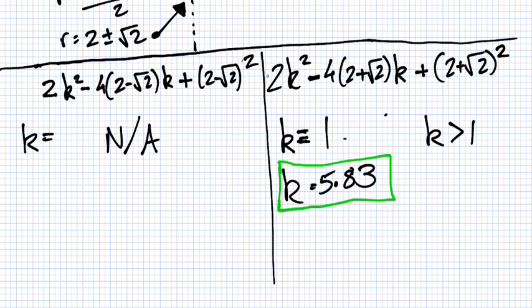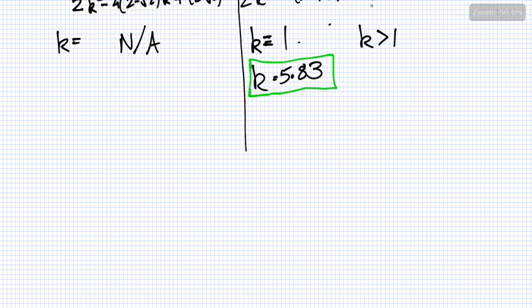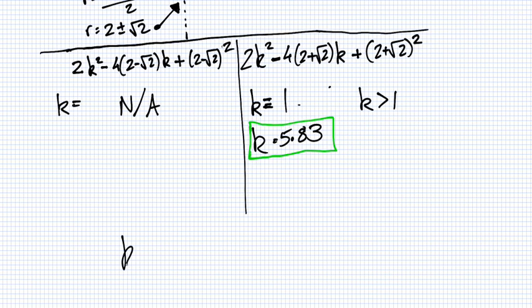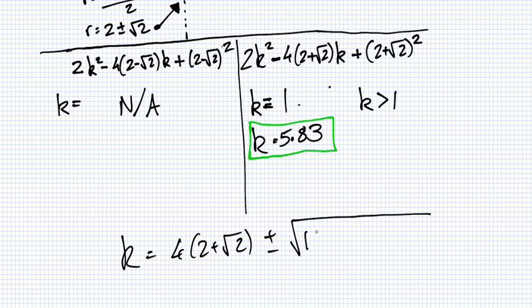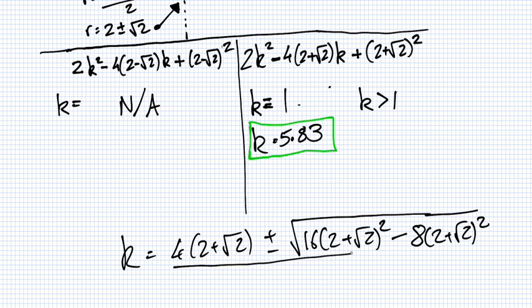And if you like, you can get the answer nicely in a surd form by using the formula. I just used the calculator here in decimal form, but it would be k equals minus b plus or minus the square root of b squared minus 4ac all over 2a.